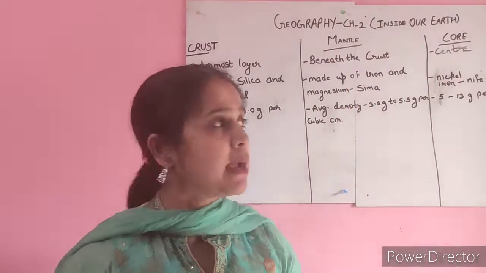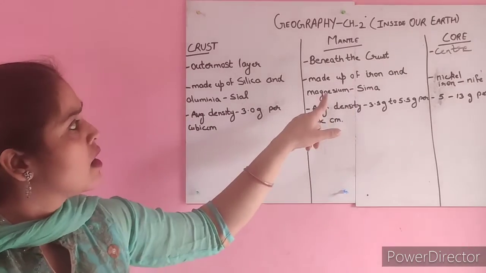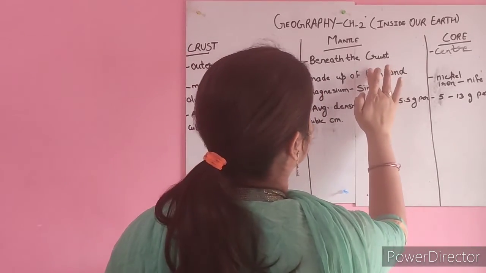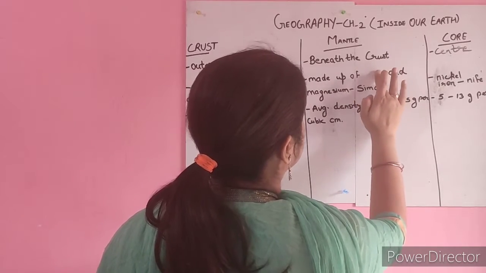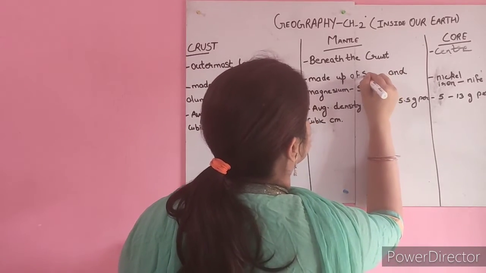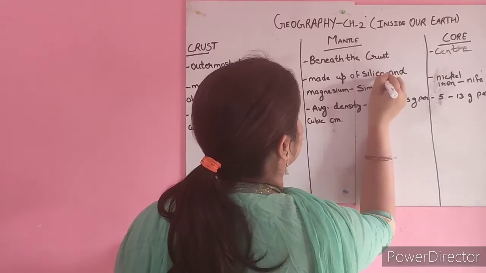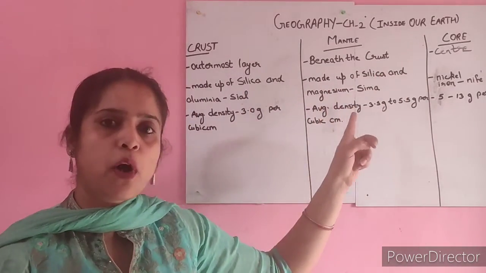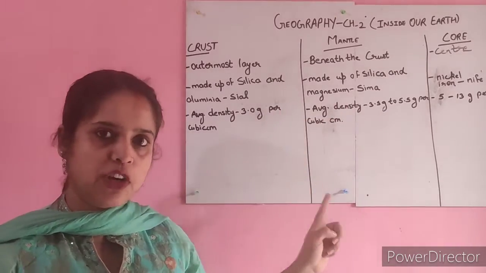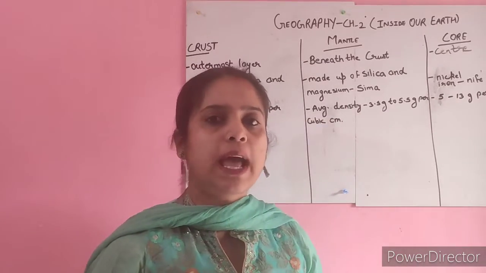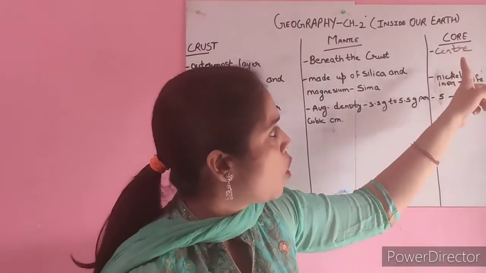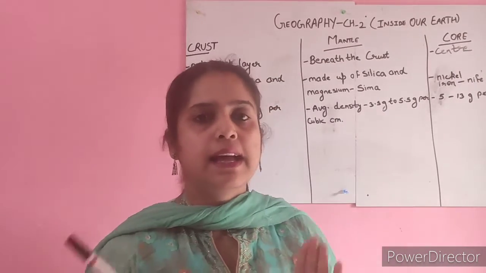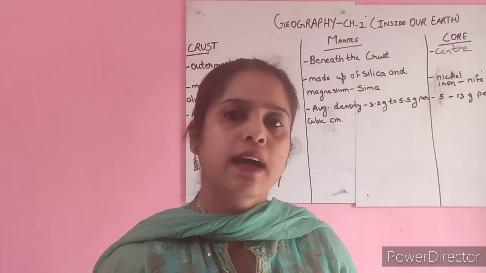Mantle is made up of silica and magnesium. Therefore, it is known as Sima. Core is made up of iron and nickel. That is why it is known as NiFe.